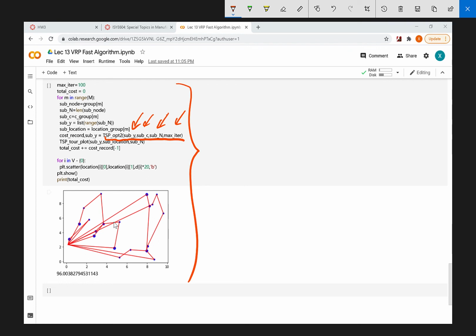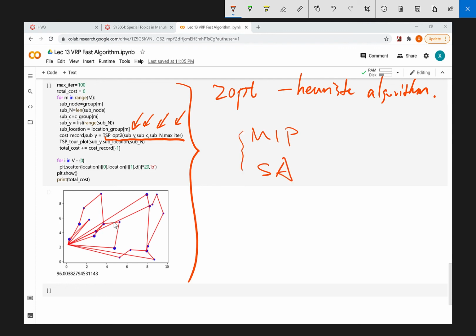For rapid solution, we just use the 2-opt heuristic algorithm. You can definitely apply more advanced TSP algorithms, but for demonstration convenience we will not cover them. You can solve TSP with a MIP solver or with a simulated annealing algorithm and so on, but here we just use the 2-opt heuristic algorithm, which is pretty fast.